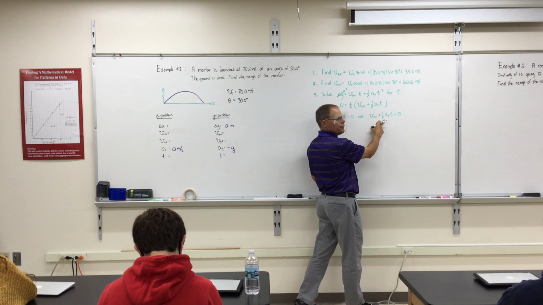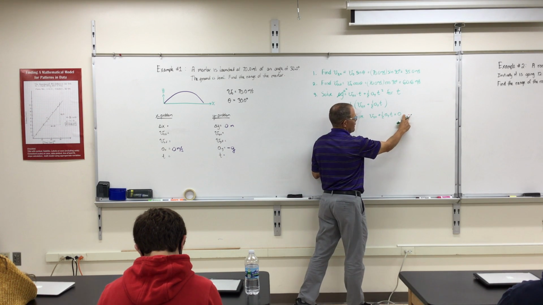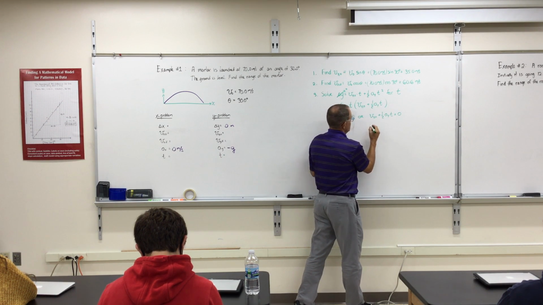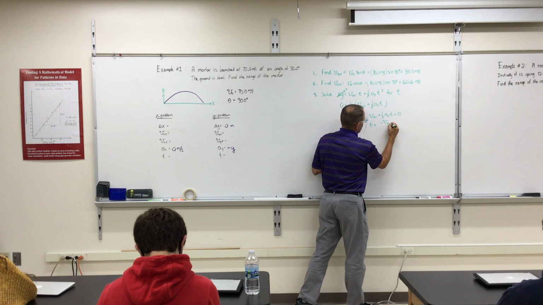So we can actually solve this for t, right? Bring this to the other side, multiply by 2, divide by the acceleration in the y direction, right? So I can actually solve this. T will be minus 2 times the velocity in the y direction initial over the acceleration in the y direction, which is negative g.